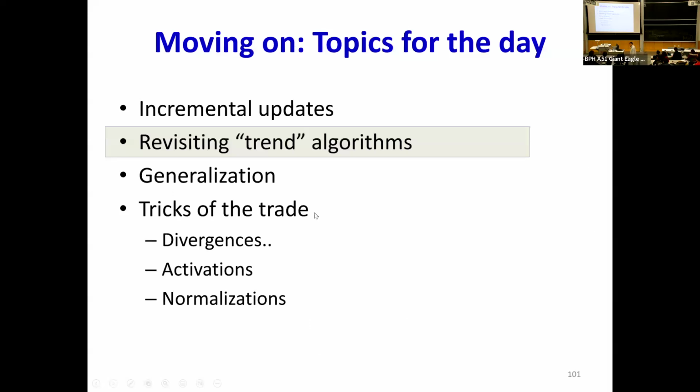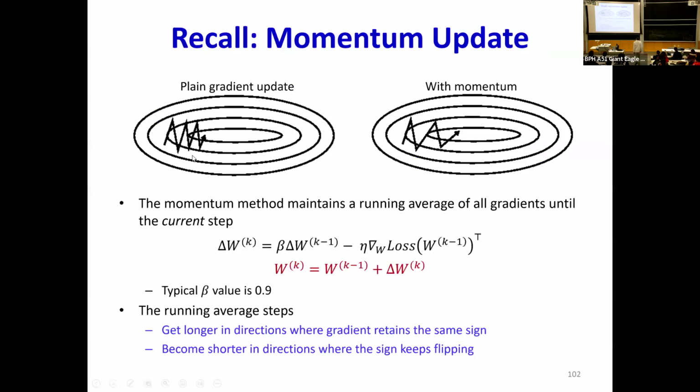Okay, let's move on to trend algorithms. One of the things with working with these batch updates is that each batch is actually optimizing a completely different loss than each other batch, because it's looking at a different collection of data instances. So this is where trend algorithms become even more important.